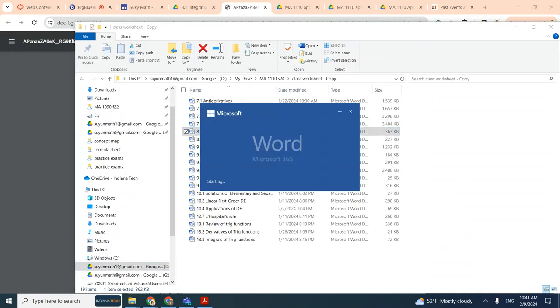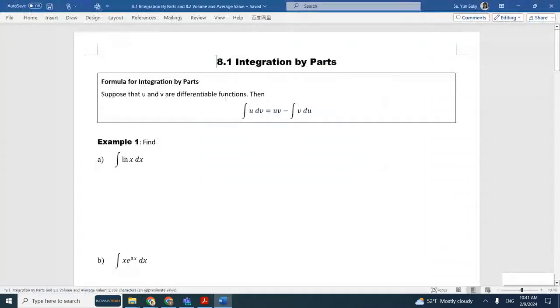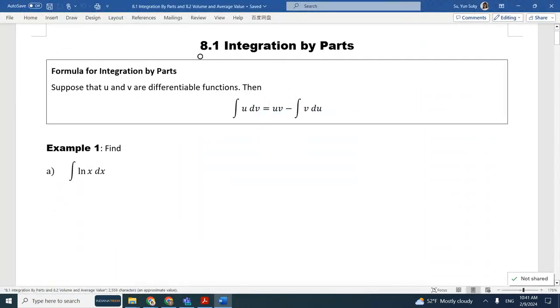The integration technique we have learned so far is substitution, right? Integration by parts is another integration technique, and it's similar to the product rule for derivatives.